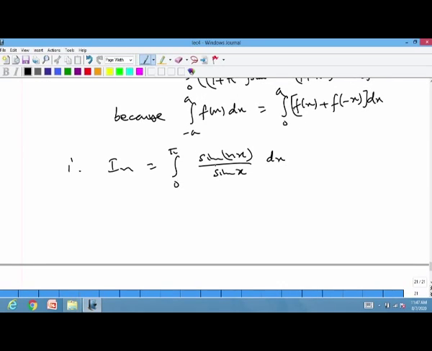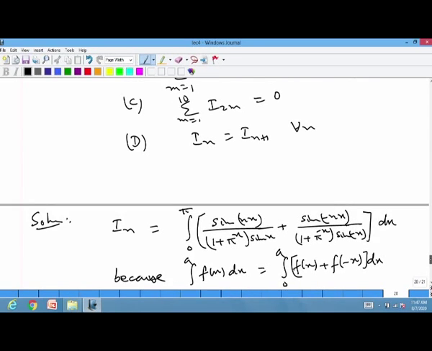Now, clearly we can calculate: if we put n equal to 0, I 0 is equal to 0 because sin 0 is 0, and also I 1 we can easily calculate. I 1 will be the integral from 0 to pi of sin x by sin x dx. This is simply equal to pi.